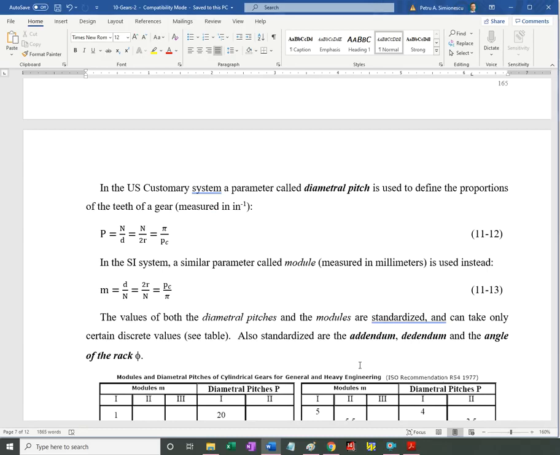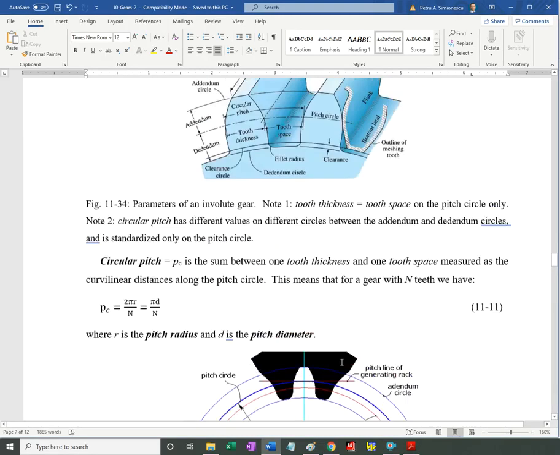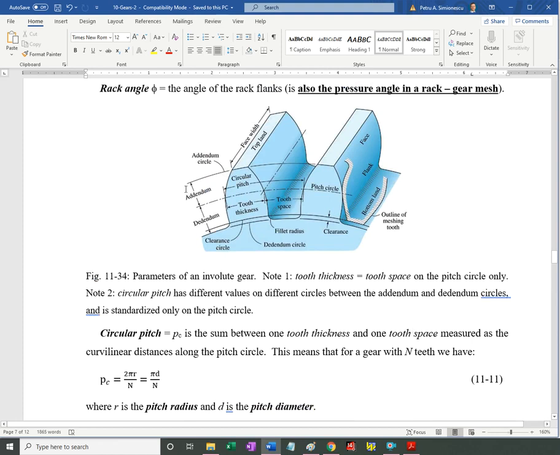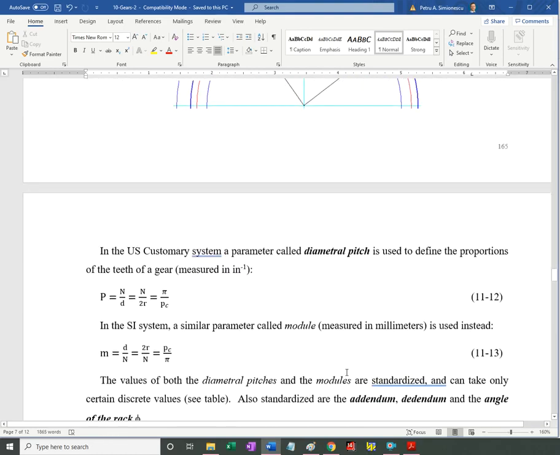And addendum and dedendum are defined as multiples of what is called the module or diametral pitch.